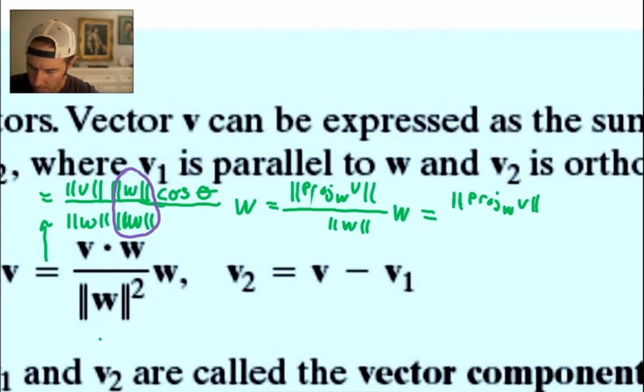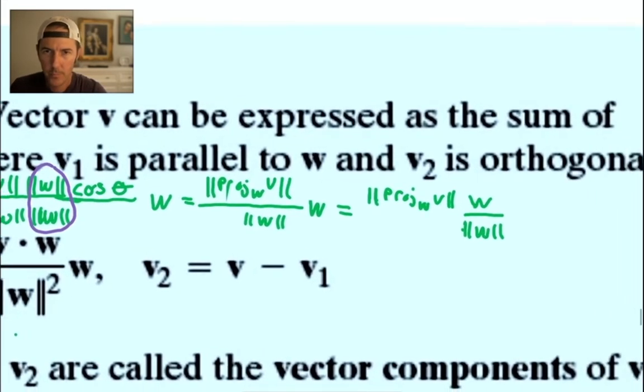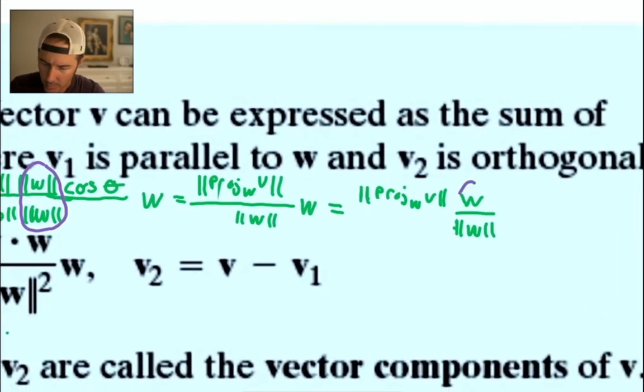And we're going to multiply that, still regular multiplication. I'm deciding the order in which I'm going to do this arithmetic. I'm going to take vector w, and I'm going to essentially divide it by, or multiply it by the reciprocal of, its own magnitude.